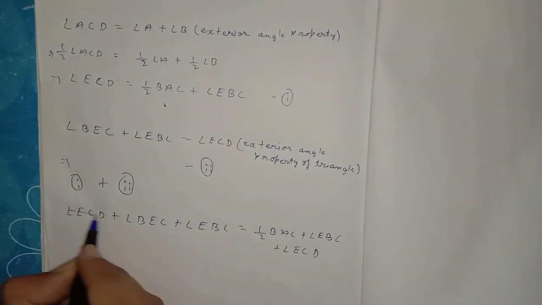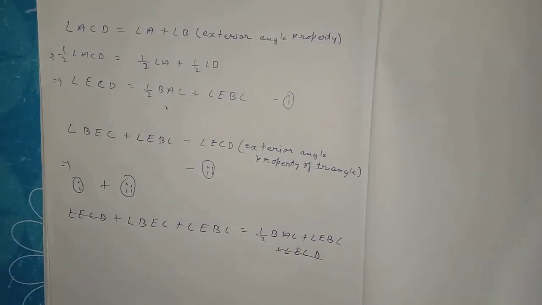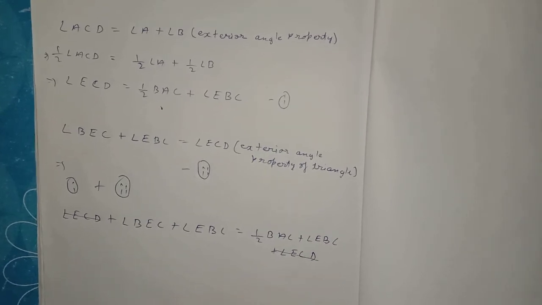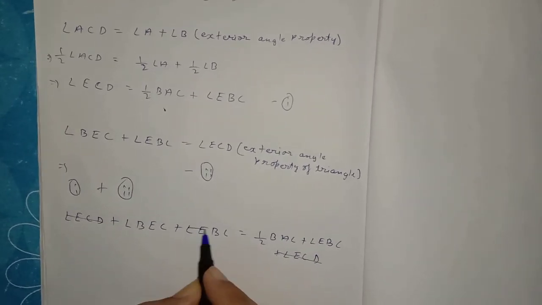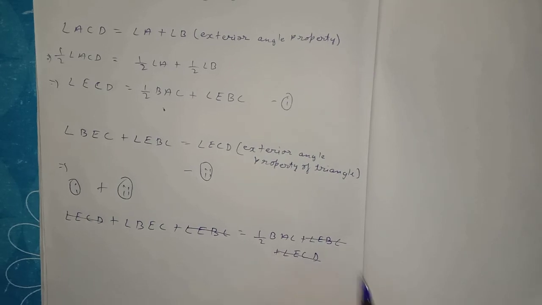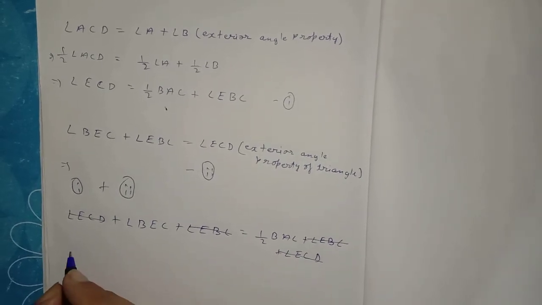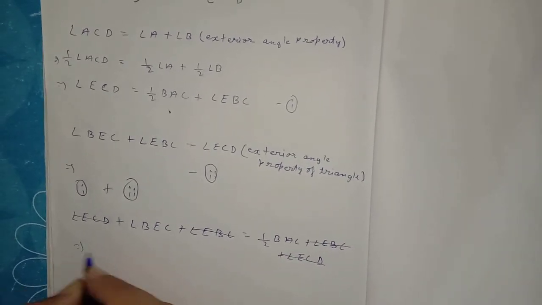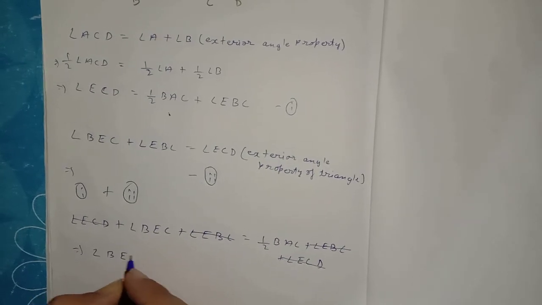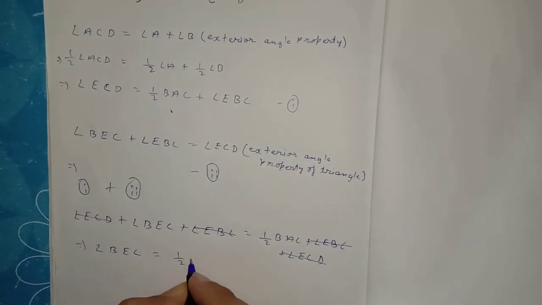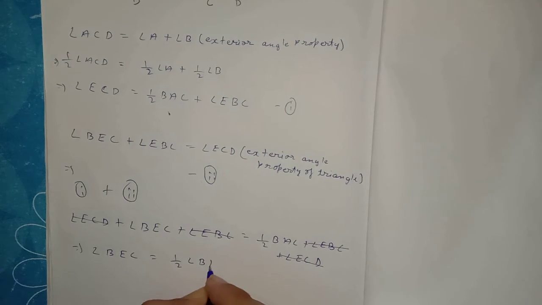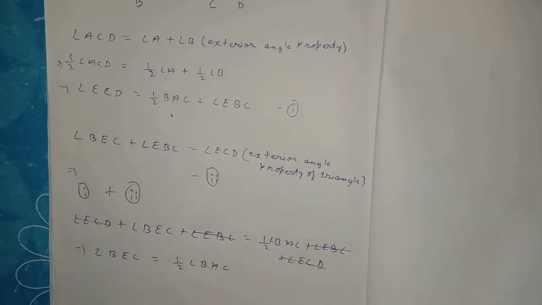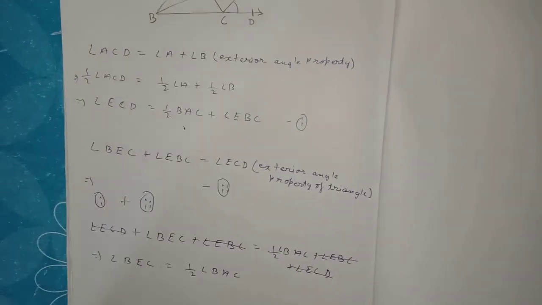So here angle ECD and angle ECD get cancelled, and angle EBC and angle EBC get cancelled. So hence angle BEC is equal to half angle BAC. Hence we have proved our third question also.